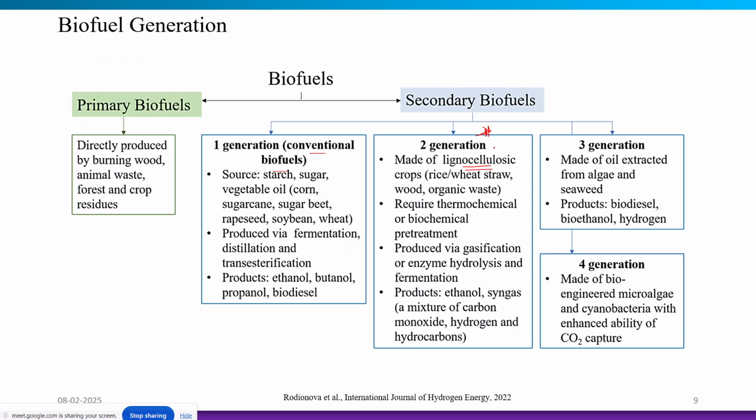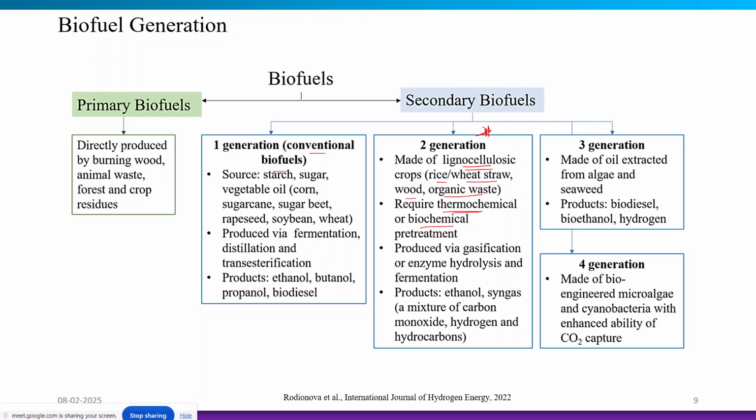Those are highly used for the industry, for the biorefinery purpose, because we are getting them in bulk amount. These lignocellulosic crops like rice, wheat, straw, wood and organic waste require thermochemical as well as biochemical pre-treatment processes.